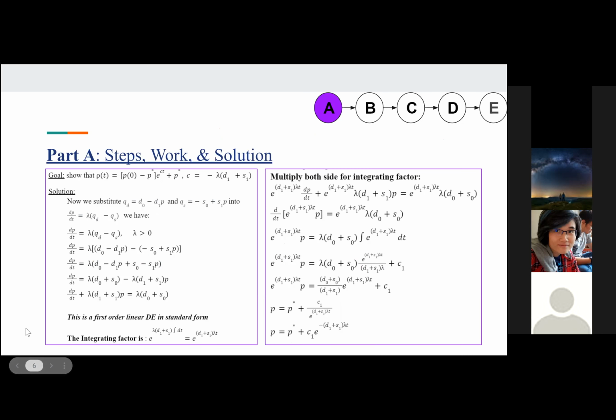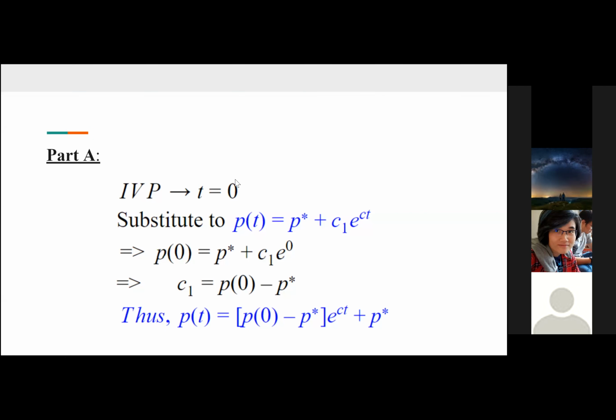Now we take the initial value at t equal to 0, substitute it into our equation P(t), and we get C1 is equal to P0 minus P star. So our goal is achieved. Right here, we got P(t) is equal to P0 minus P star, e to the ct, plus P star. This is the price adjustment equation that we achieved.